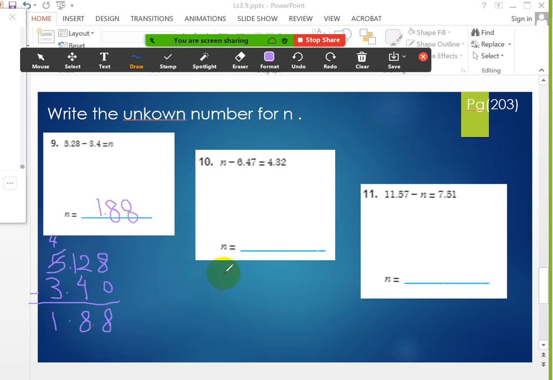So that means I have to add 6.47 to 4.32. Okay, you understand why we add the numbers to find the unknown number? Now, let's choose Aryaf. Yes, Aryaf, could you please help me to add the numbers?